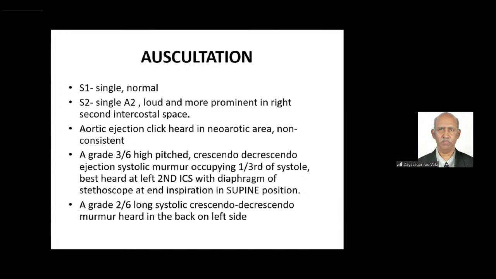So it is malposition, or there may be only a single semilunar valve. Can you think of conditions where pulmonary blood flow is maintained, but still there is only a single semilunar valve? Sir, in a truncus, sir.